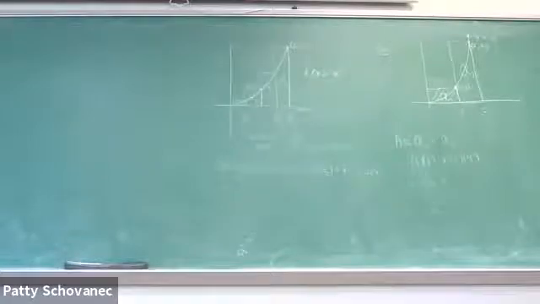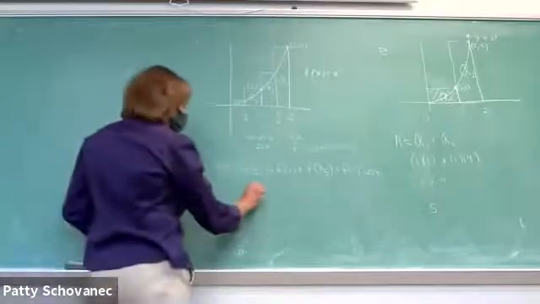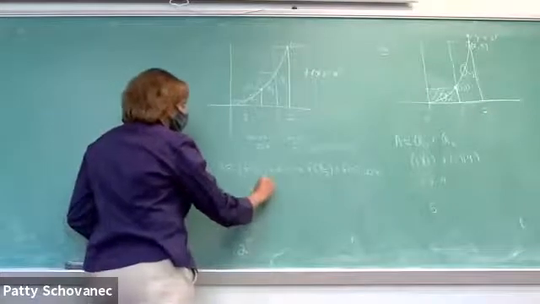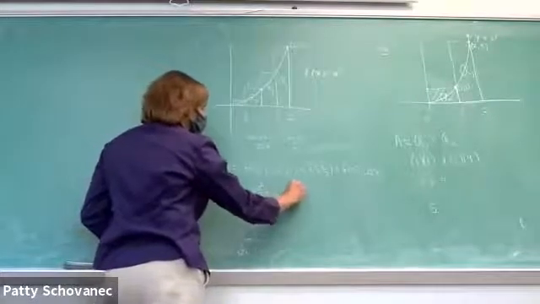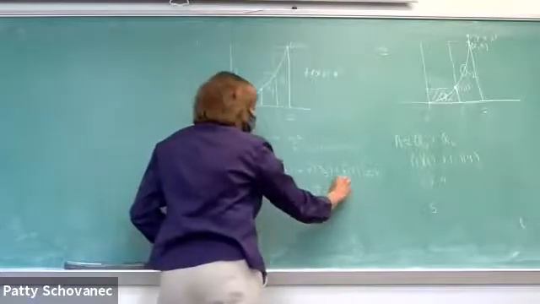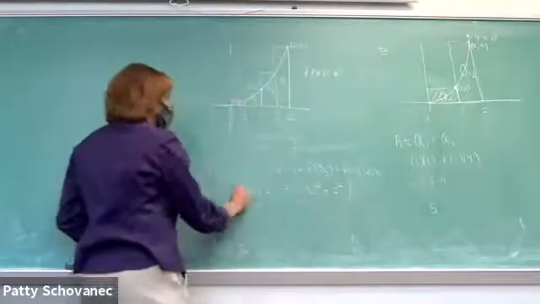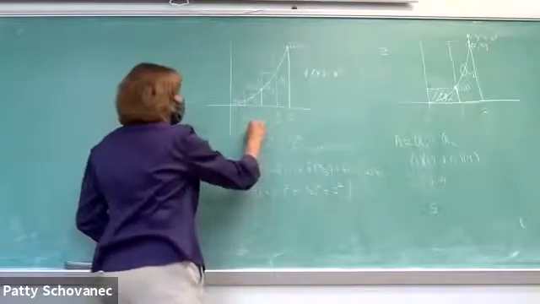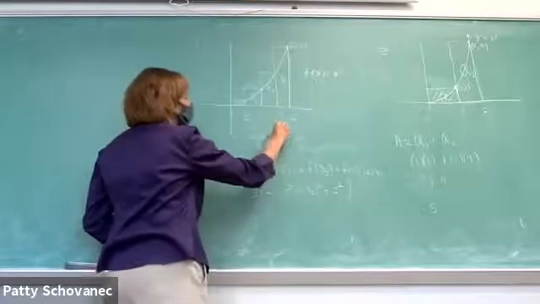So f of 1/2 is a half squared. F of 1 is 1 squared, and 3/2 squared, since that's my function. So I've got 1/2 squared plus 1 squared plus 3/2 squared plus 2 squared. And then the width of each rectangle is also a half.